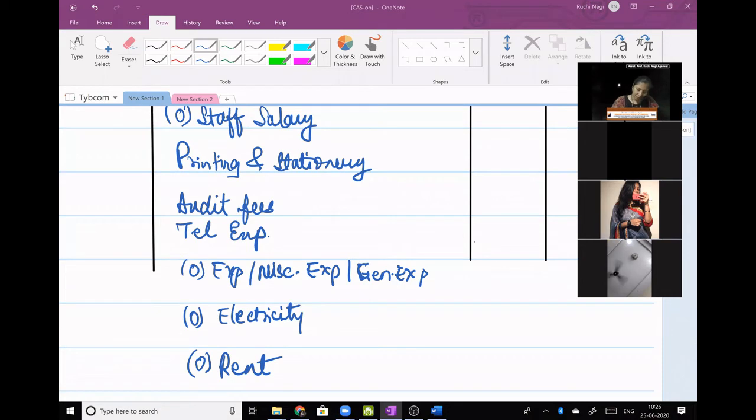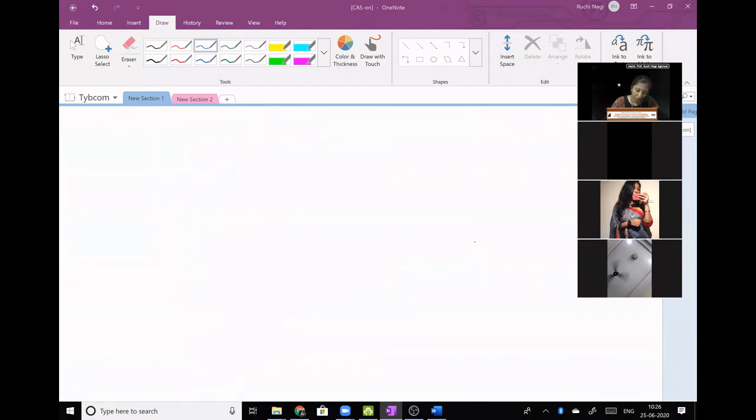Swapnil has said interest. No, not interest. Next lecture I'll tell you why interest will not come in the cost sheet. Today not. It is for further discussion in the next lecture. Sanchita is asking, ma'am, can you please give a view of the whole cost sheet? I'll give it at the end.